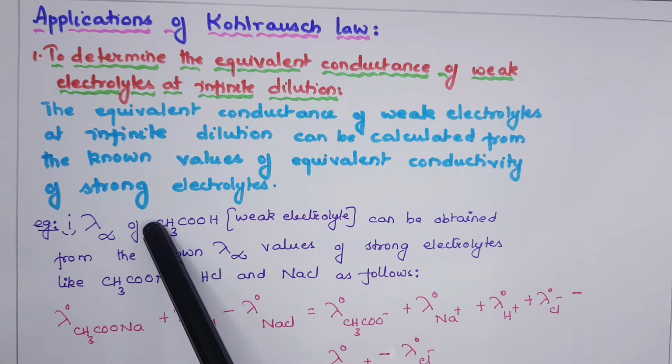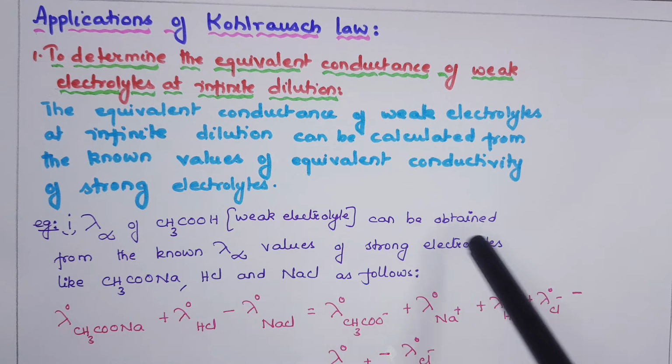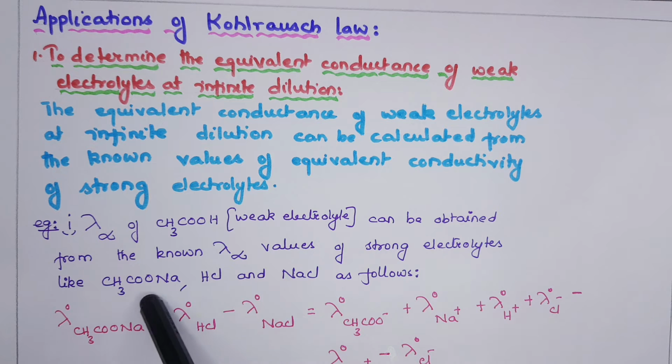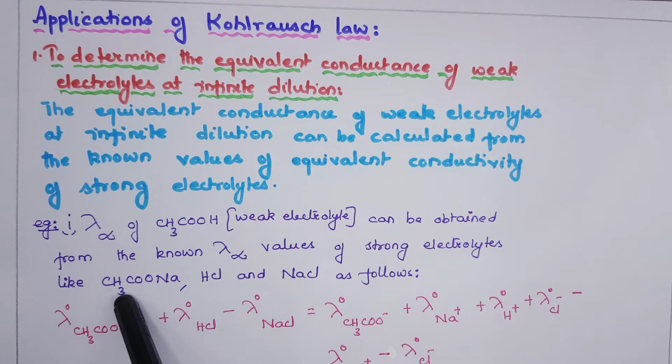This can be calculated from the known lambda infinity values of strong electrolytes. What are the strong electrolytes that are taken here? CH3COONa, HCl and NaCl. From these strong electrolytes, the lambda infinity of acetic acid can be determined. Sodium acetate, HCl and NaCl.